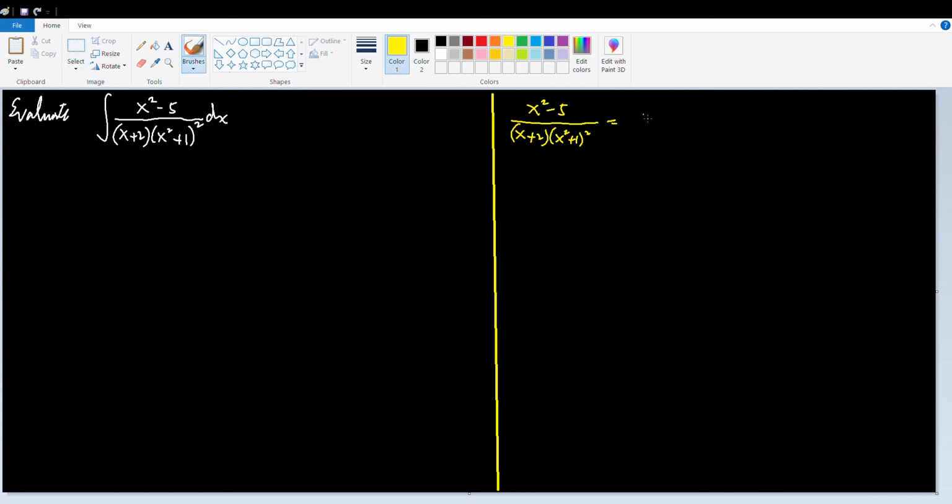So a over x plus 2 plus b times, we're now in the quadratic factor x squared plus 1, so bx plus c all over x squared plus 1 plus dx plus e all over x squared plus 1 squared.